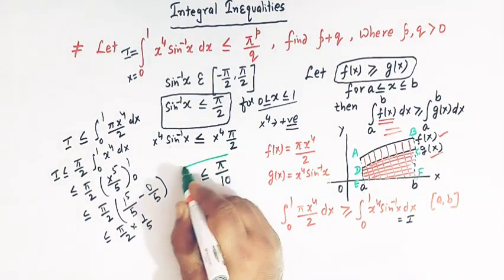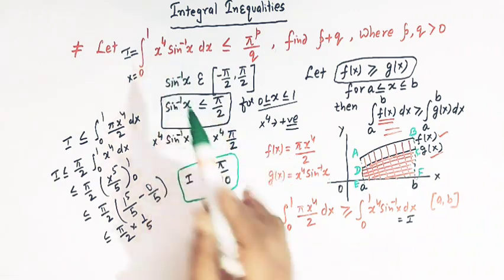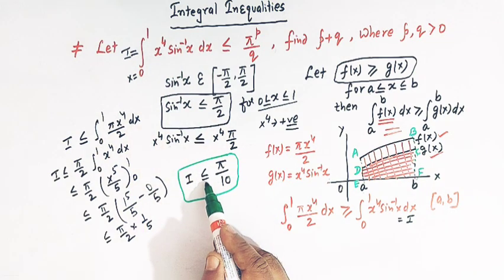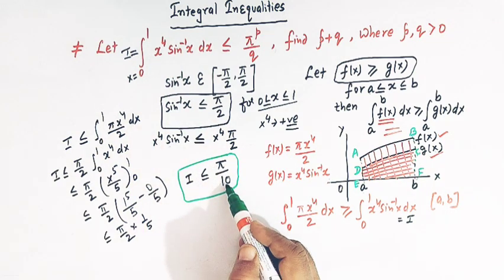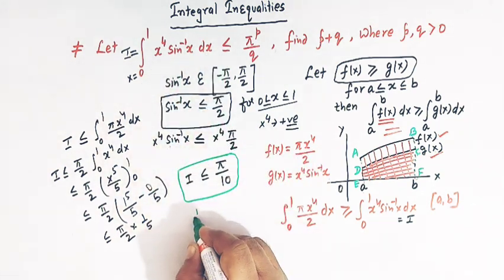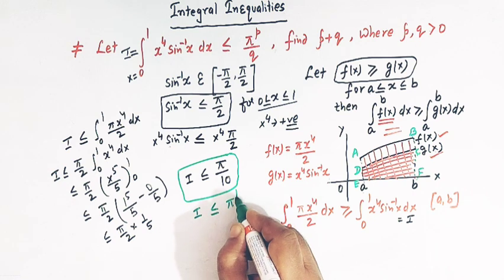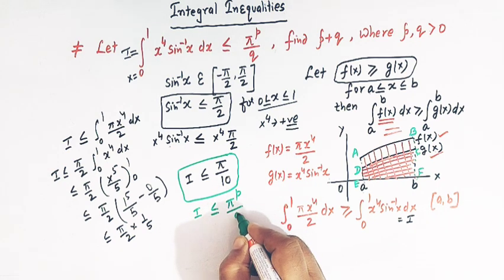So now we have obtained this inequality, that this integral is less than or equal to pi over 10. In the given problem, we are given that I is less than or equal to pi raised to p divided by q.